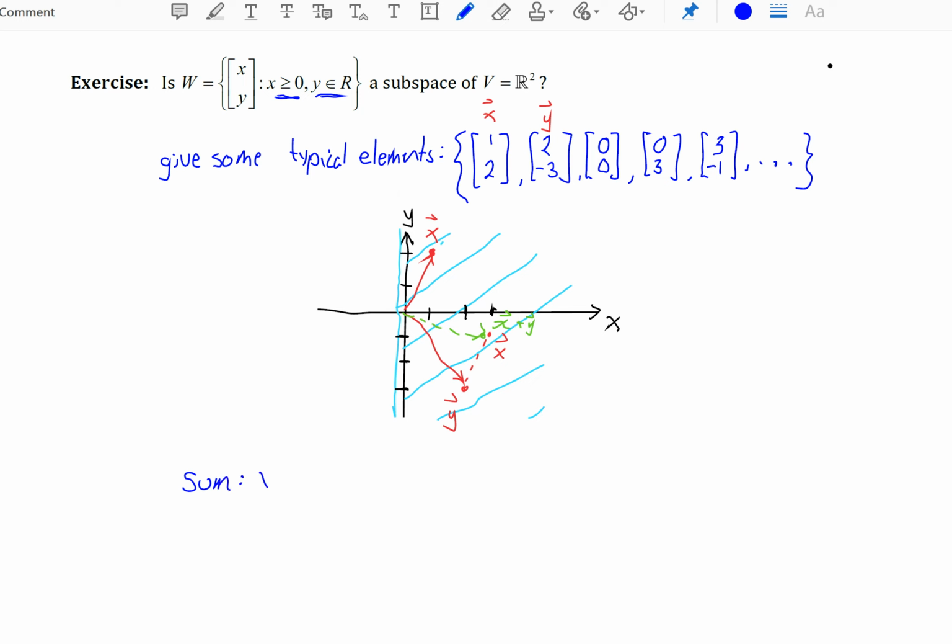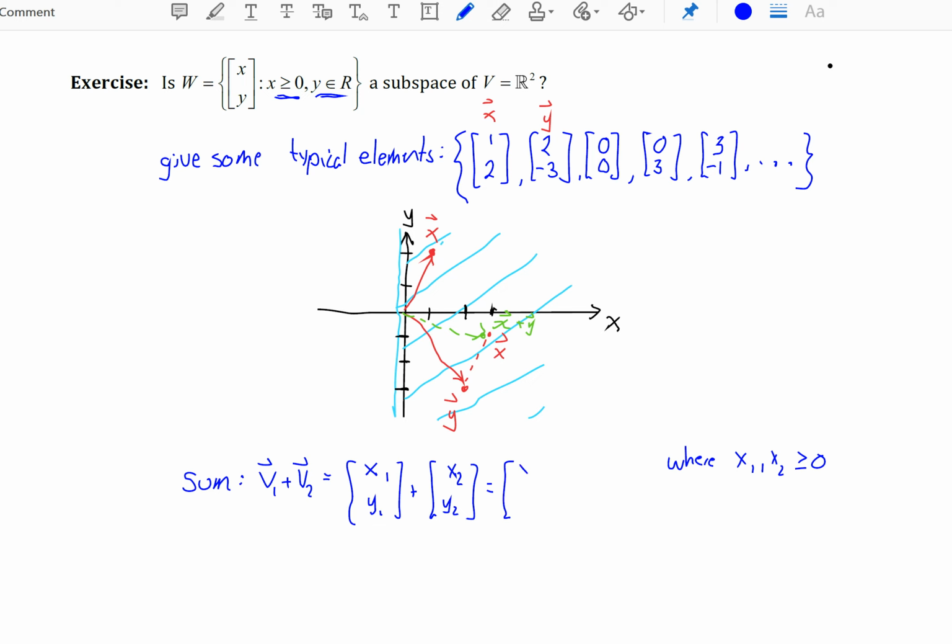If I took some vector v1 and added it to some vector v2, and let's grab two vectors that start in here, let's just call it x1, y1, and added it to another vector, x2, y2, where x1 and x2 are both greater than or equal to 0.